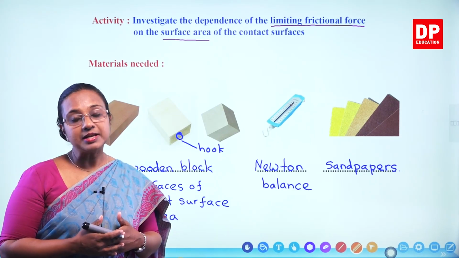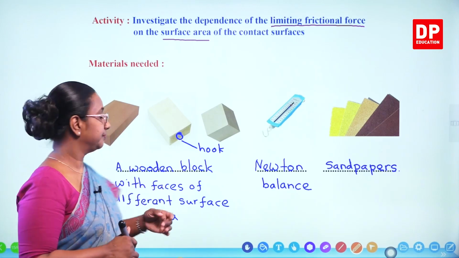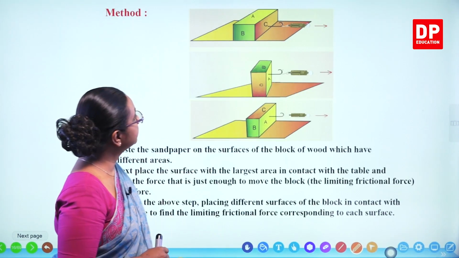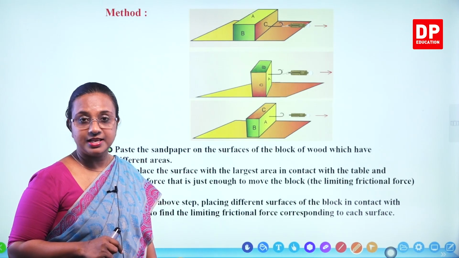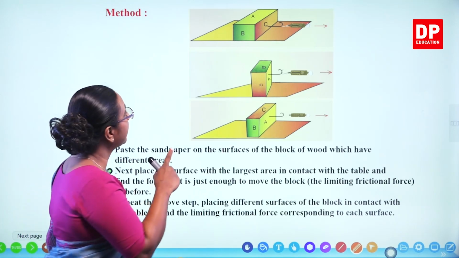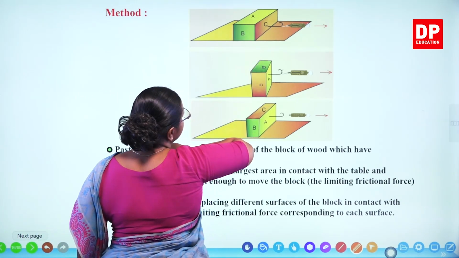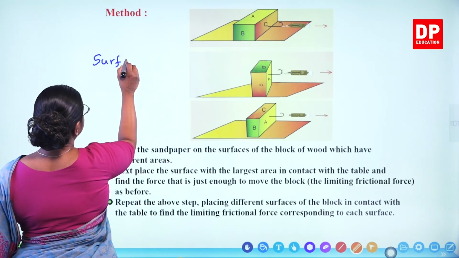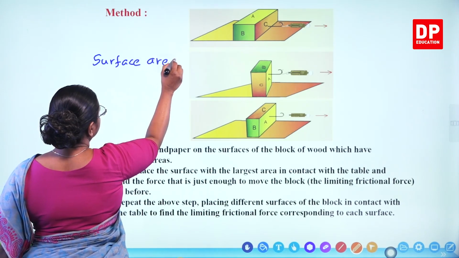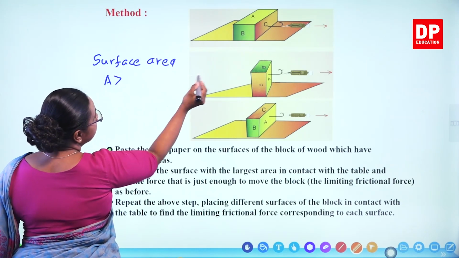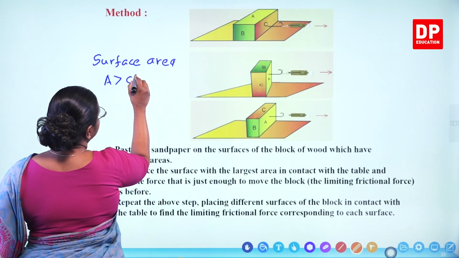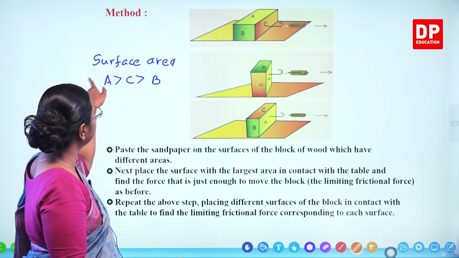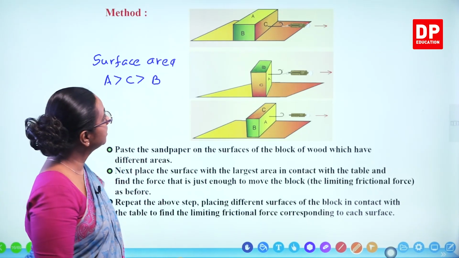Now let me summarize the procedure once again. The method, as you can see in this diagram, the different surface areas of the different faces are labeled as A, B and C. You can see the surface area A is greater than C and that is greater than B. B has the smaller surface area and A has the highest surface area.